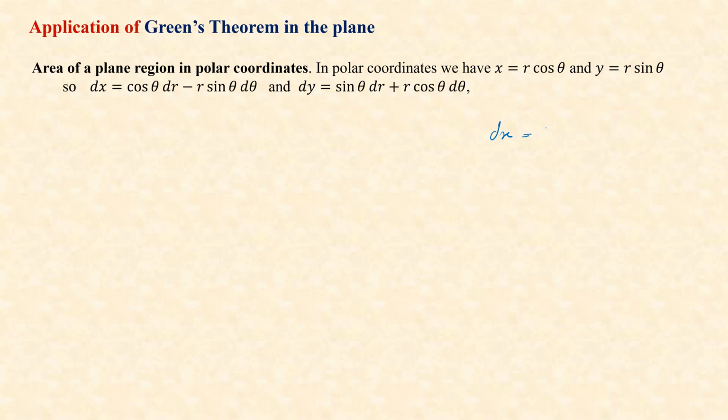The differential becomes partial of x with respect to r times dr, plus partial of x with respect to theta times d theta.